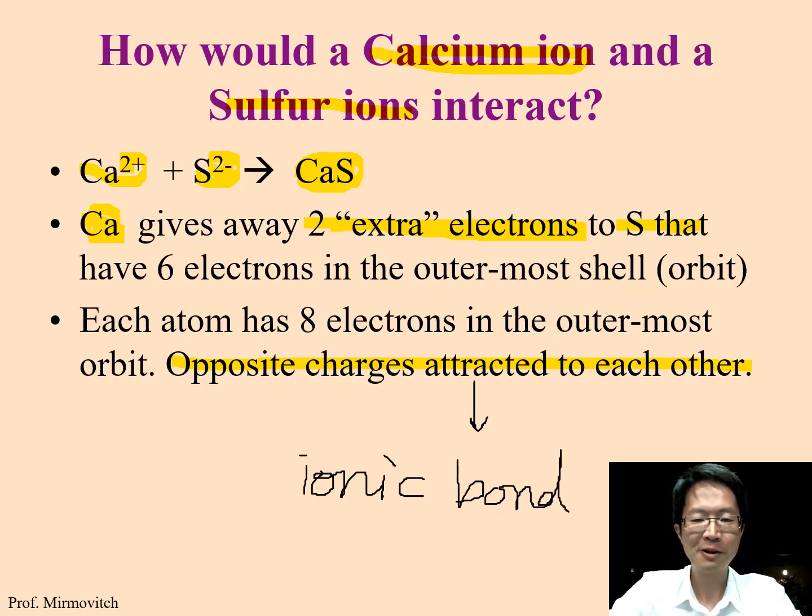I hope you like my analogy about forming an ionic bond being like getting married. It's a complete transfer of an electron. So when calcium proposes to sulfur, the diamond ring is completely given to the woman, the sulfur.